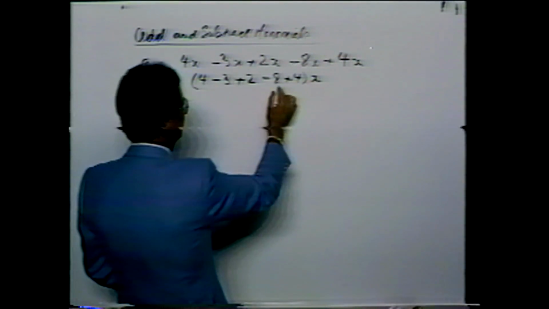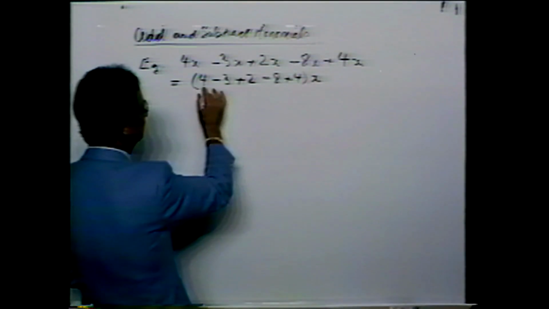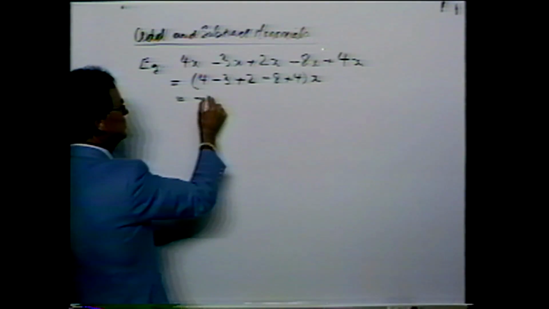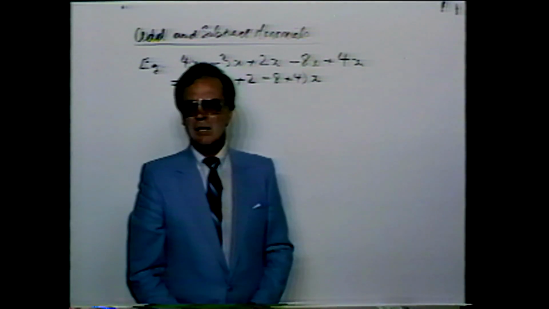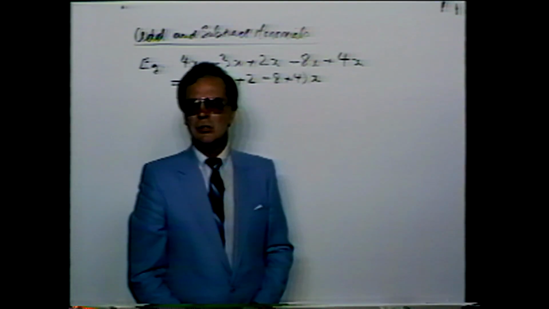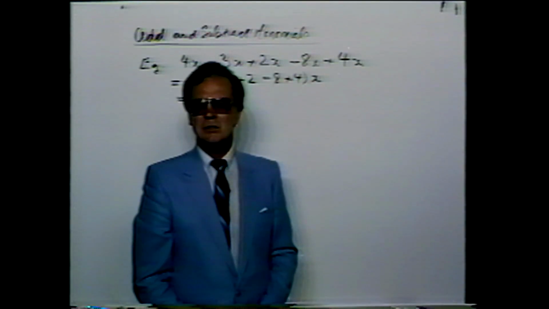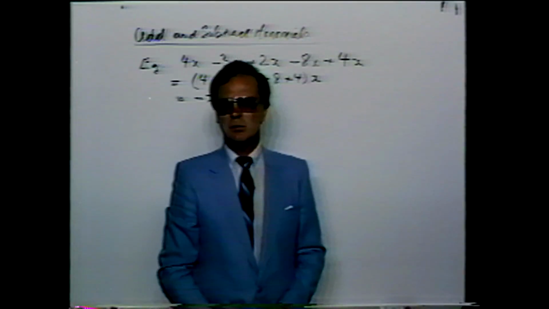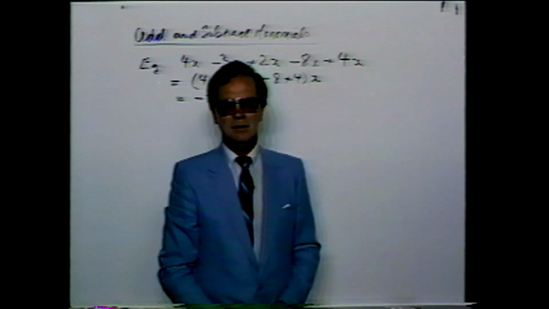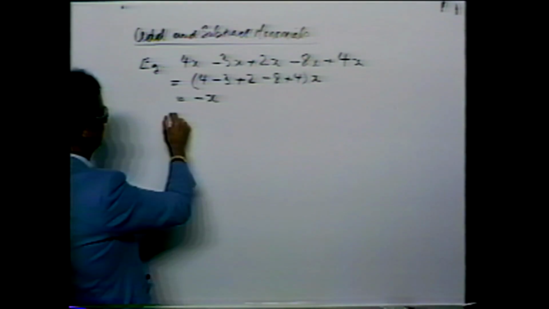And that in turn reduces to minus x. And that is certainly a lot better. Consequently, terms which have identical literal coefficients, such as this one, should be simplified by adding or subtracting the numerical parts.